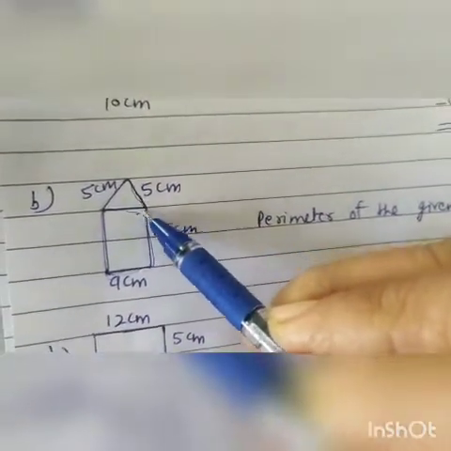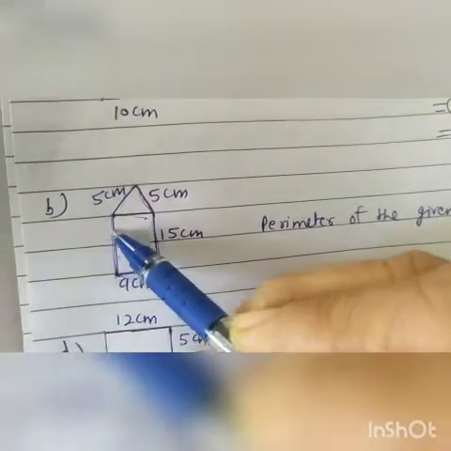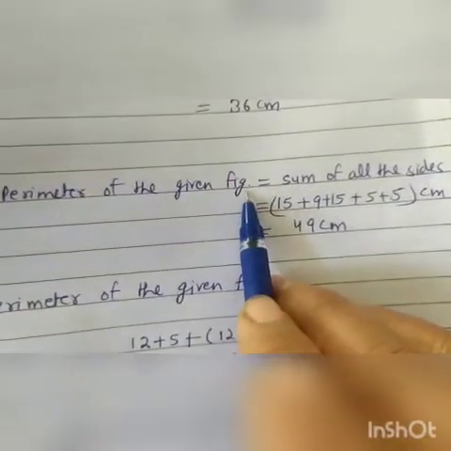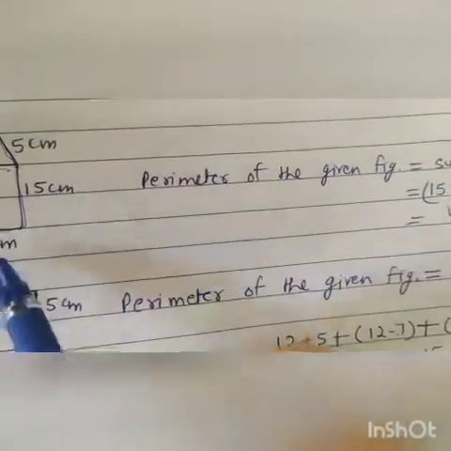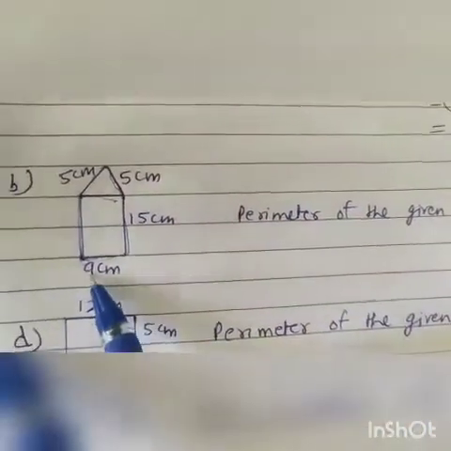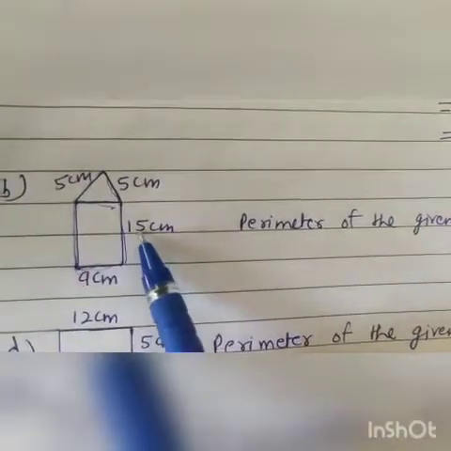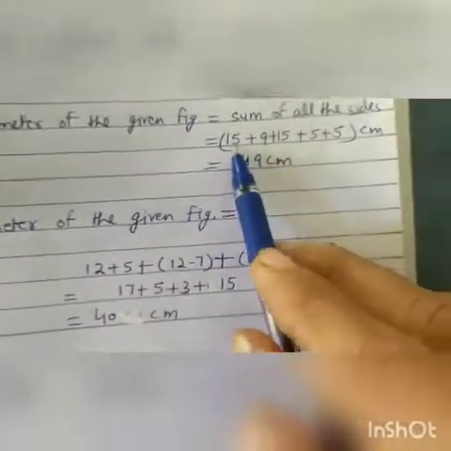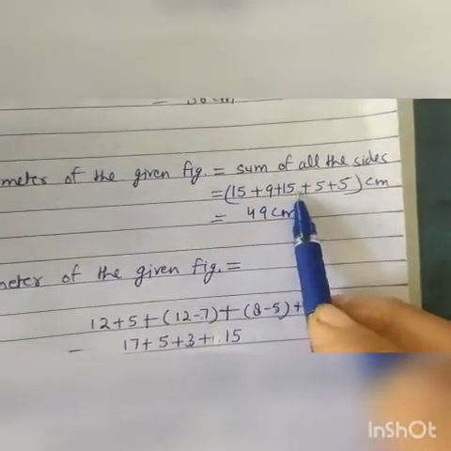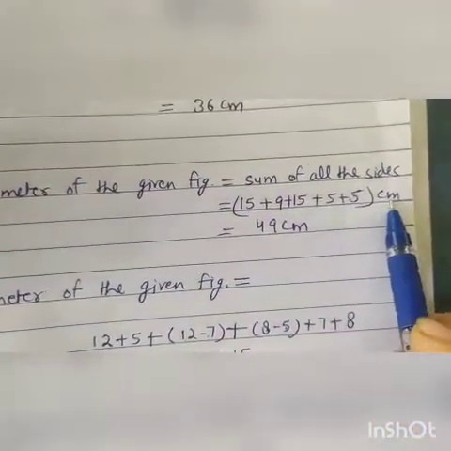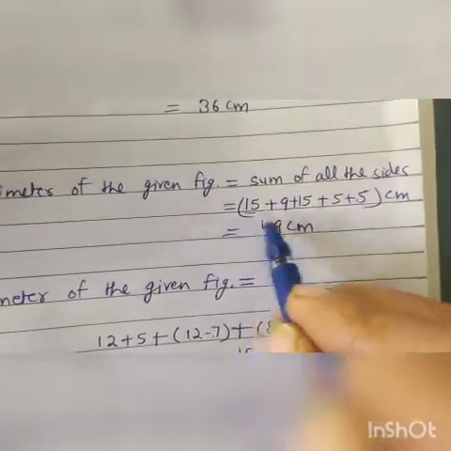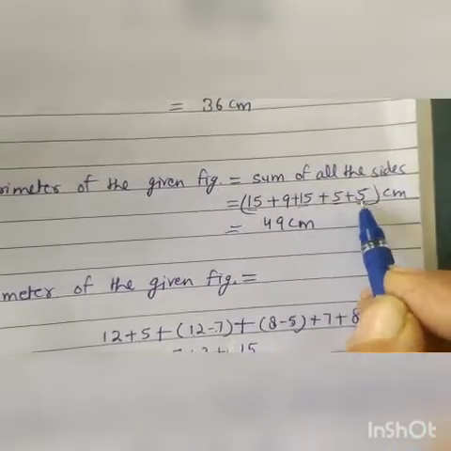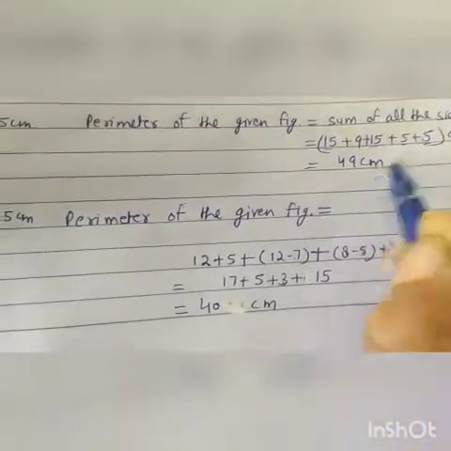This one, this one, this one, this one and this one. No need to include this side. So perimeter of the given figure, again this 15 plus 9 centimeter. This side is also 15 because this one is 15. Then this plus 5, this plus 5. So 15 plus 9 plus 15 plus 5 plus 5 centimeter. 15 and 15, 30. 30 and 5, 35, plus 5, 40, 40 plus 9, 49 centimeter.